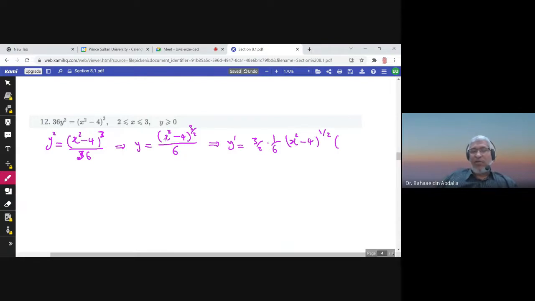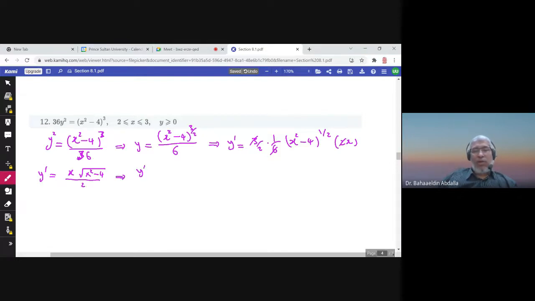But now the derivative of this is 3 over 2 times (x squared minus 4) to the power half times, using the chain rule, the derivative of x squared minus 4, which is 2x. And now 2 times 3 is 6. It will disappear, it will be cancelled with this 6. And y prime would be written as x times the square root of x squared minus 4 over 2.